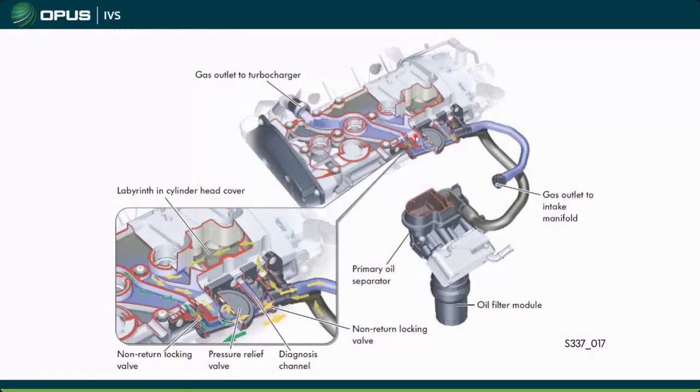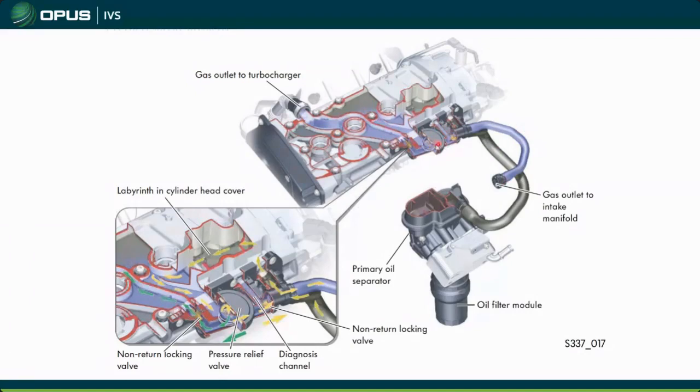That component is a metal pipe, and that vents down into the turbo. So when you're under boost, you're venting into the intake side of the turbo. And when you're in normally aspirated mode, or under vacuum, you're venting right into the intake manifold.